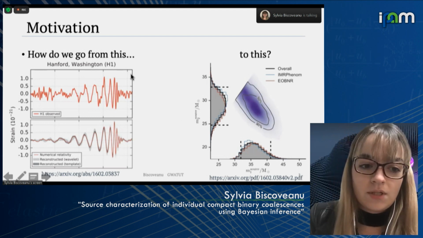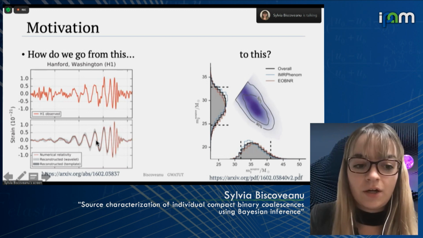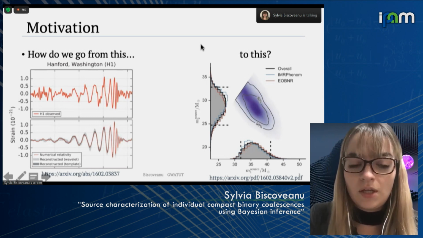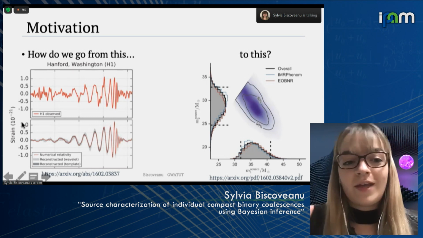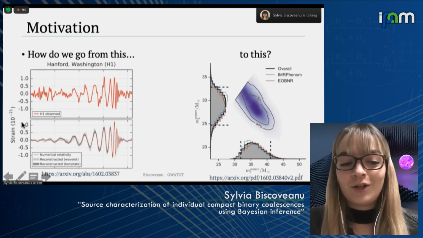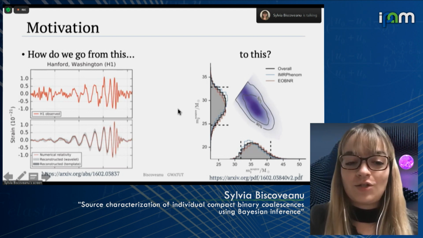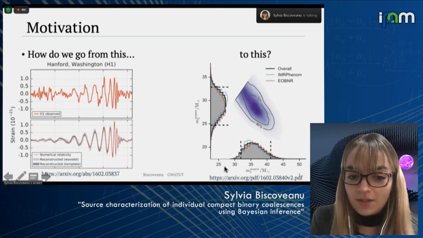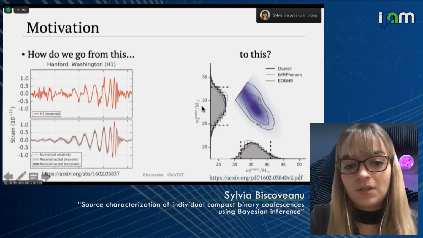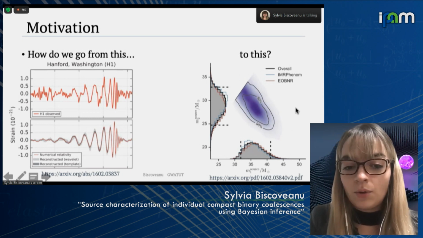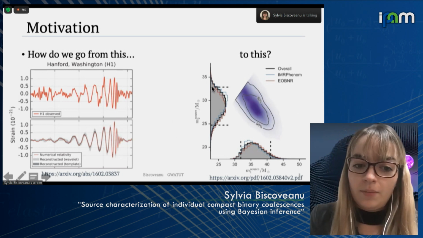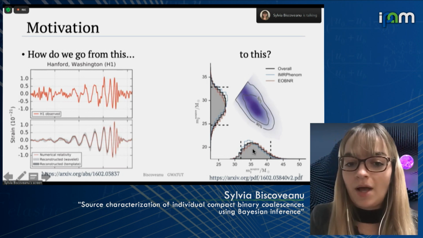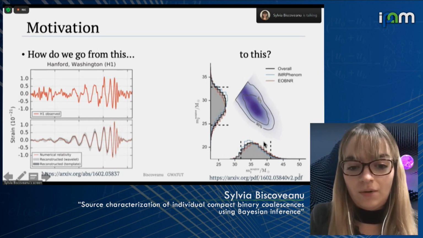Here you can see the strain in the Hanford detector from the gravitational wave event GW150914, and hopefully after the lecture, you'll have a good understanding of how we take this strain and analyze it to obtain what are called posterior probability distributions. And here you can see what's called a corner plot for the posterior probability of the two component masses of the black holes in GW150914.